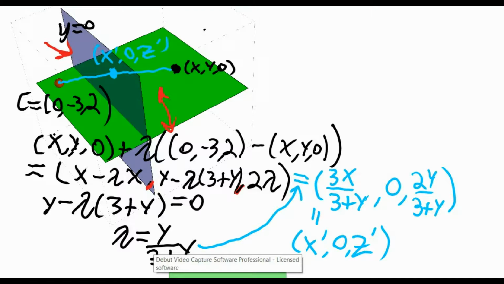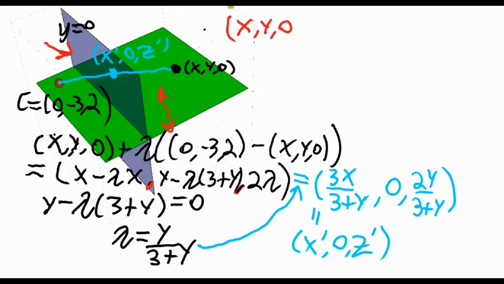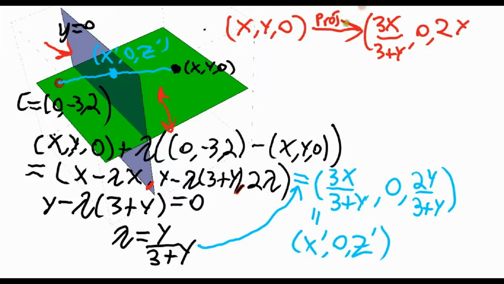Our essential conclusion here is that when the scene and the picture plane and the viewing point are lined up in this particular configuration, we always have that a point x, y, 0 on the scene is going to get projected to the point 3x divided by 3 plus y, 0, 2y divided by 3 plus y on the picture plane.